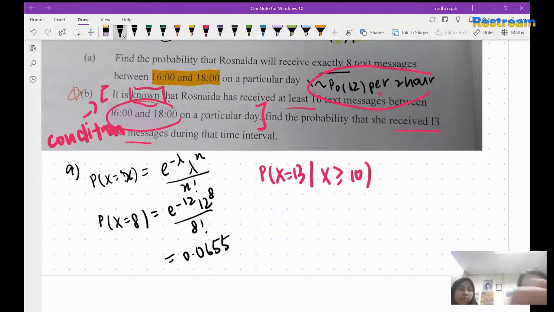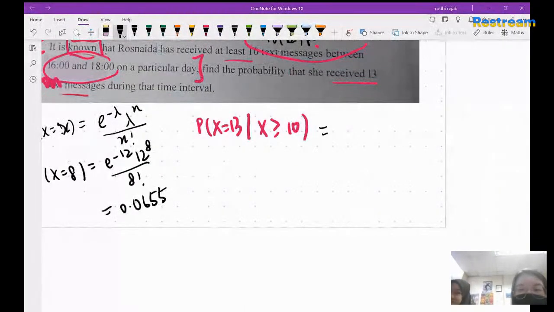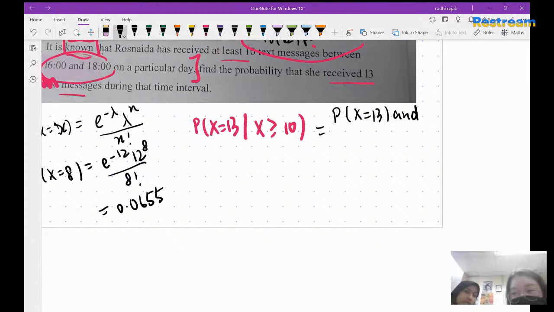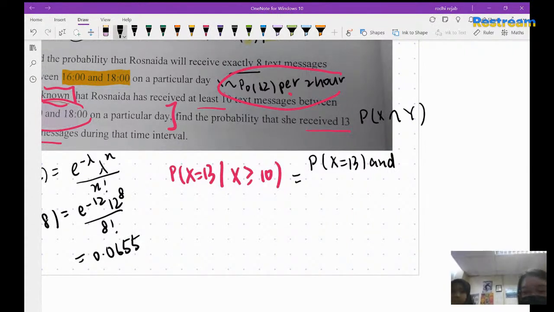Okay. So okay, first time tengok soalan macam ni lah. Okay, so saya pun tak buat lah. Okay. So kami buat macam probability saja lah. P(X = 13) intersect with, sebab biasanya kami adalah P(A intersect B) kan macam ni kan.